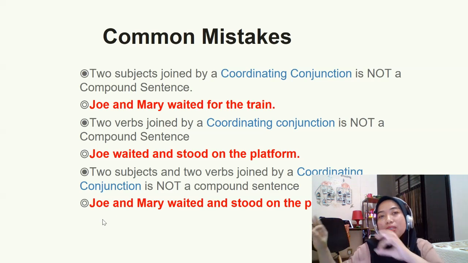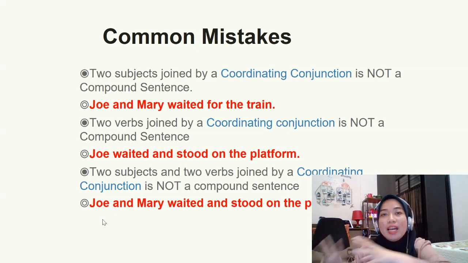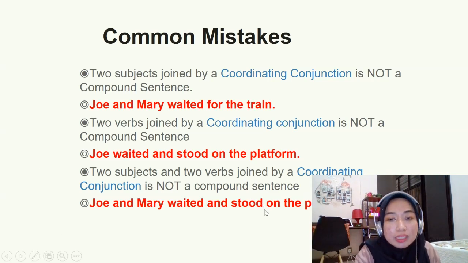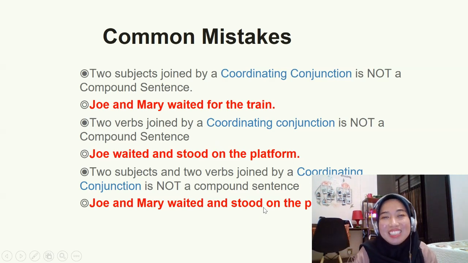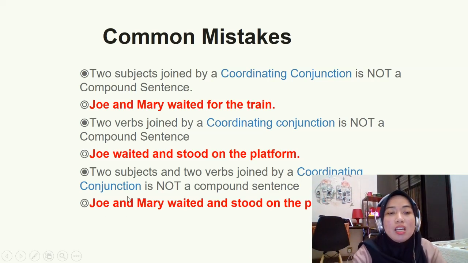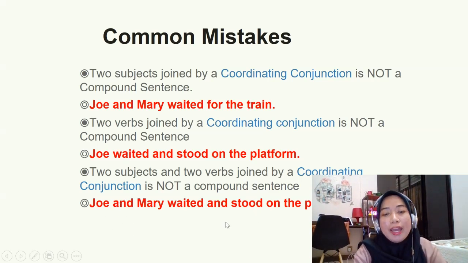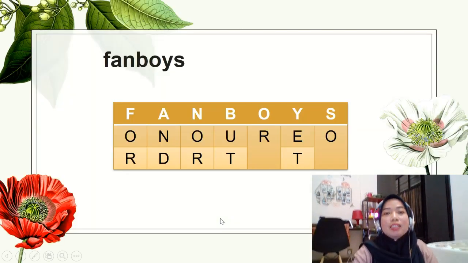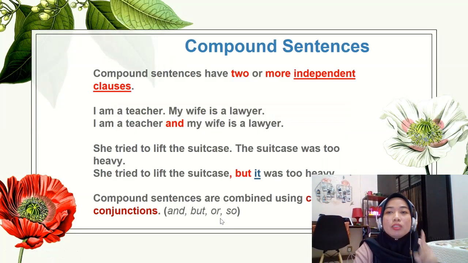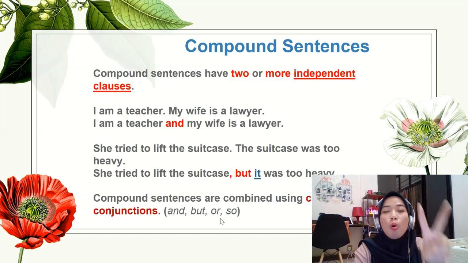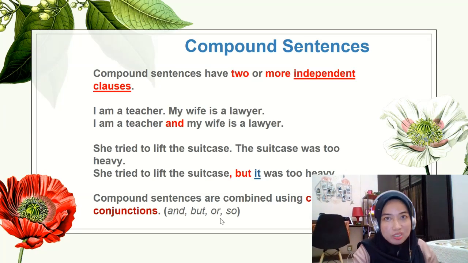On the platform is basically the whole idea of it. Hence, the third sentence here is also a simple sentence, not a compound sentence, even though there is the conjunction and here. Why? Because remember, compound sentences need two or more independent clauses.